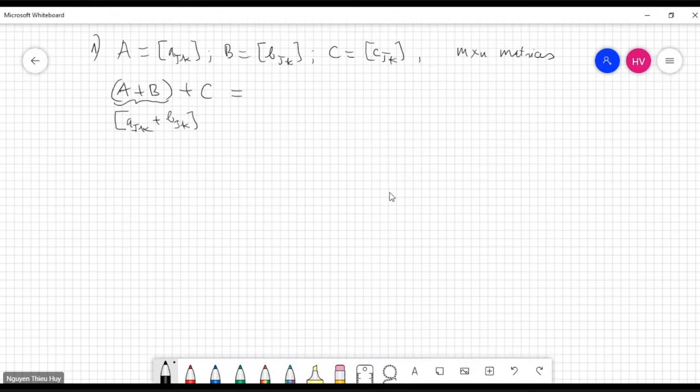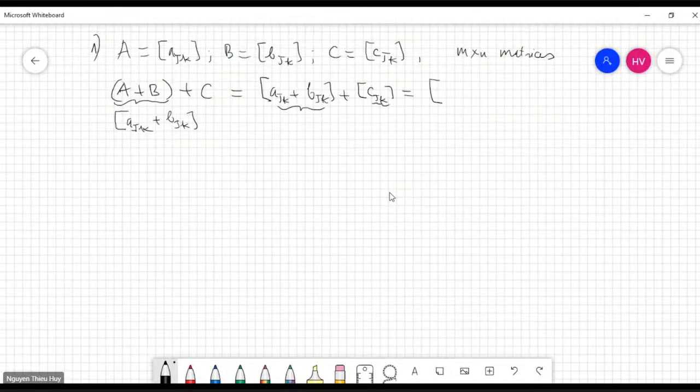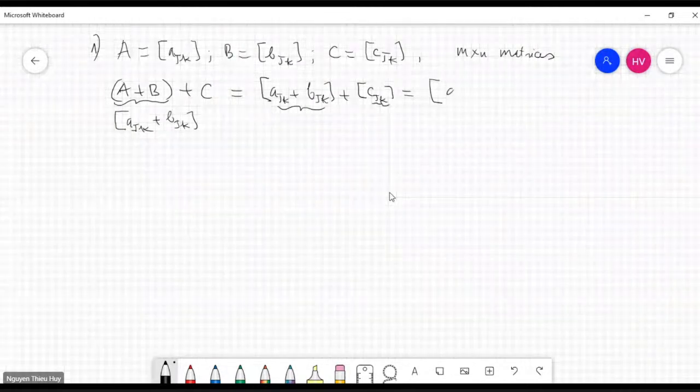So I write here A_JK once again, B_JK, and add C_JK. By definition, you have this plus this: A_JK plus B_JK, but we have to make a bracket here because this should be done first, and then we add C_JK.